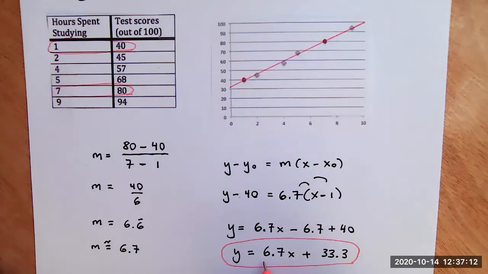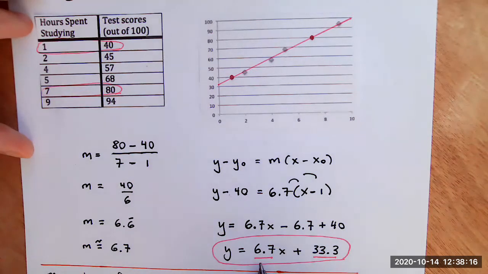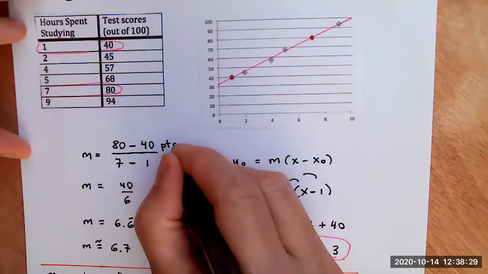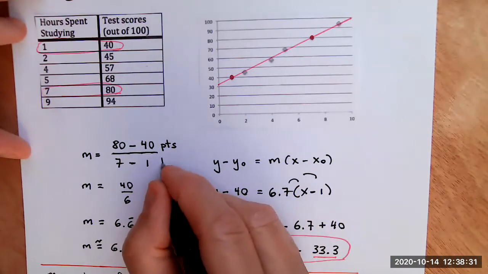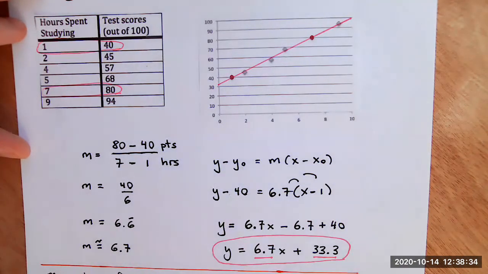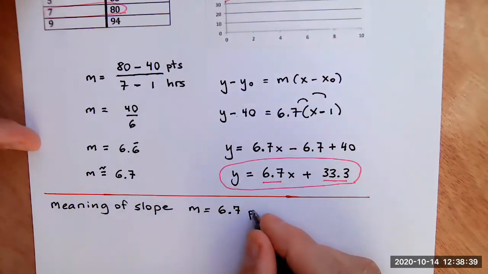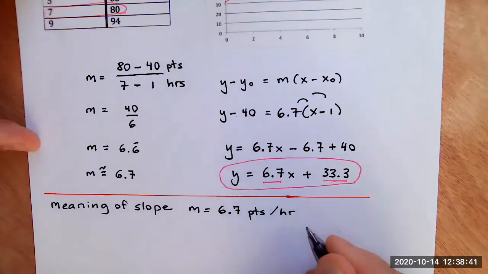And let's examine the meaning of the slope and the y-intercept. First, let's look at the meaning of the slope, 6.7. And first, let's find the units. This is the points on the exam divided by the number of hours. So that's 6.7 points per hour.